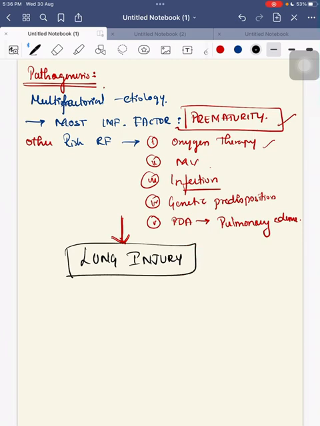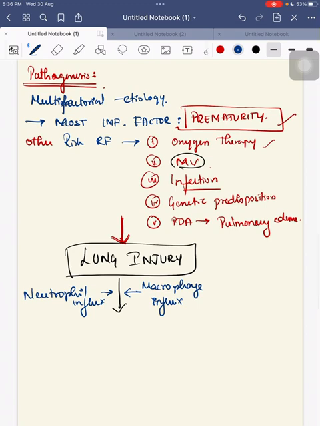It can be ventilator induced, when the child is on mechanical ventilation, whether due to barotrauma or volutrauma. When there is an injury, inflammatory changes take place, that is, there will be a neutrophil influx and also a macrophage influx.